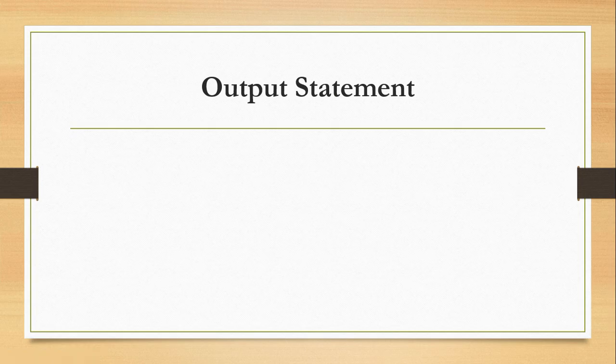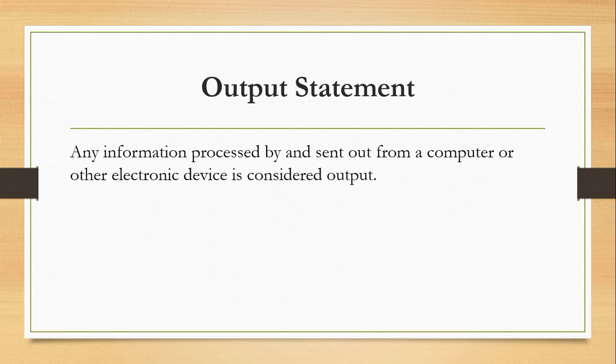So first of all, before we talk about output statements, let's see what an output is. Talking about output from the perspective of the computer, we know that the computer is an electronic device that produces outputs based on the inputs that are given to it, which are usually data.